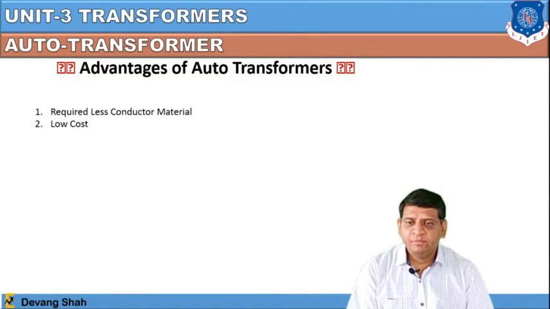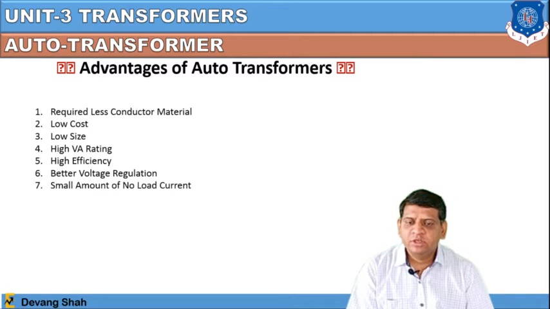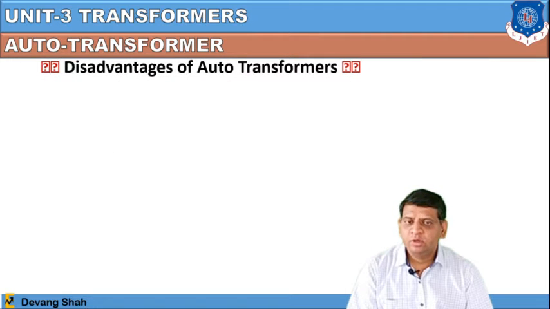In the same way, it obviously has low cost, low size and high voltage ampere rating, because the size of the transformer is less, right, and you can also achieve high efficiency, right. In the same way, you achieve better voltage regulation in an auto transformer, and a small amount of no load current, which is also advantageous.